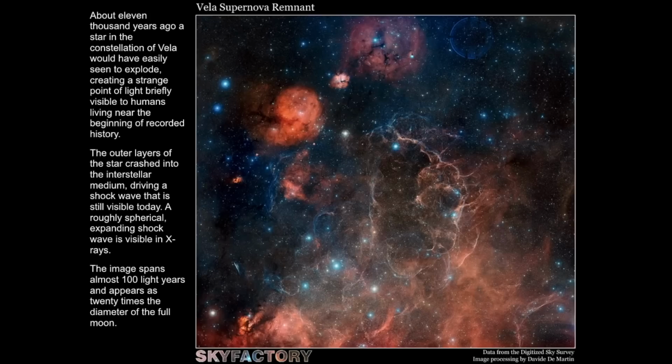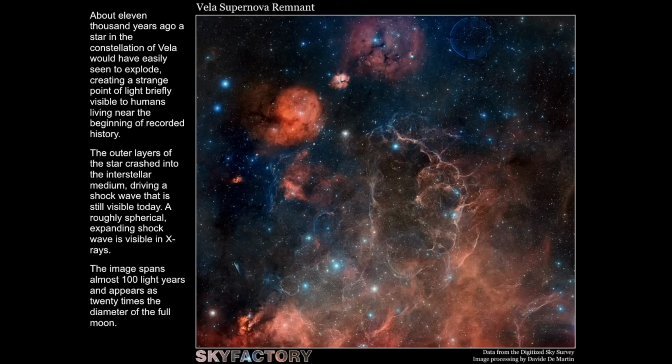And when it did so 11,000 years ago, the outer layers of that star crashed into the interstellar medium, making the shockwave, and that's what that fluffy, shockwavy sort of puffy thing is in the center of this whole thing, by a Sky Factory, which was processed by David Martin. And this image is also visible in X-rays.